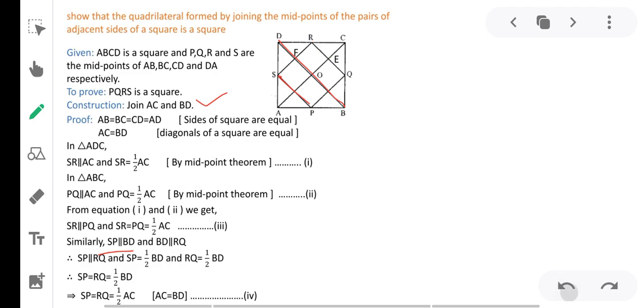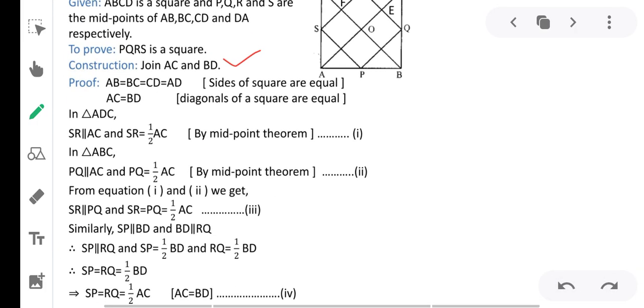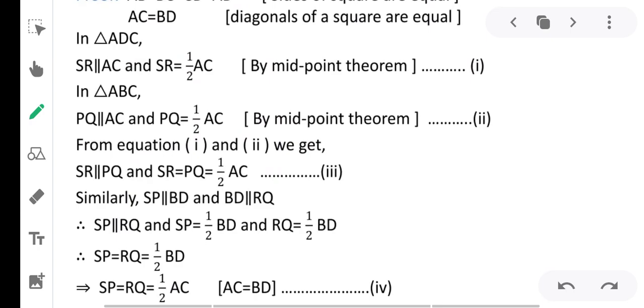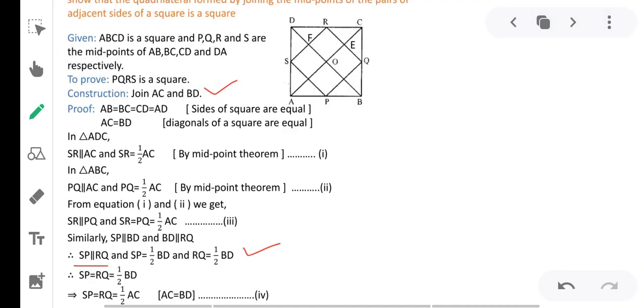So SP parallel to RQ, and SP equal to 1 by 2 BD and RQ equal to 1 by 2 BD by midpoint theorem. Clear? Sorry, not SR, SP. SP equal to RQ equal to 1 by 2 BD.